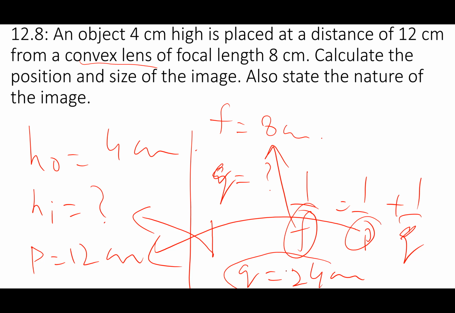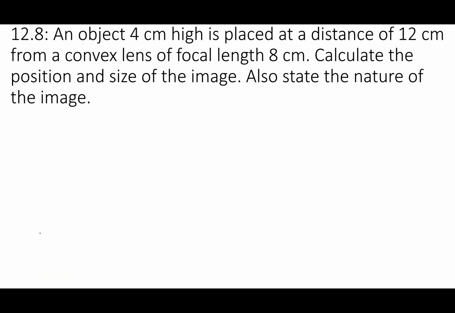This distance is positive, so image is real and inverted. Now we have to find height of image. Height of image is equal to q by p multiplied by height of object. You will get the answer.